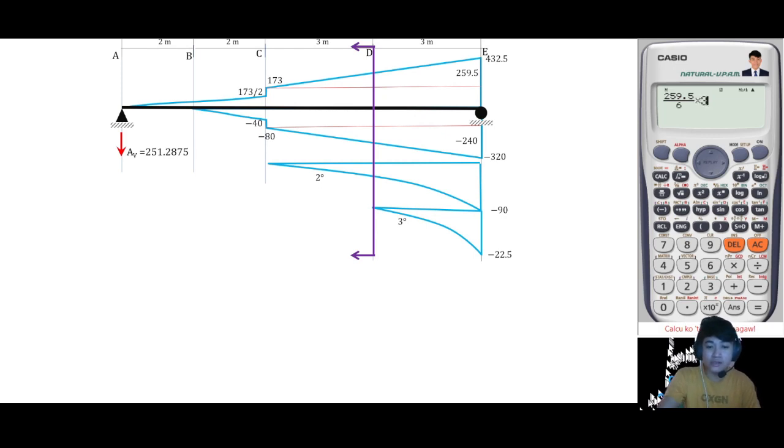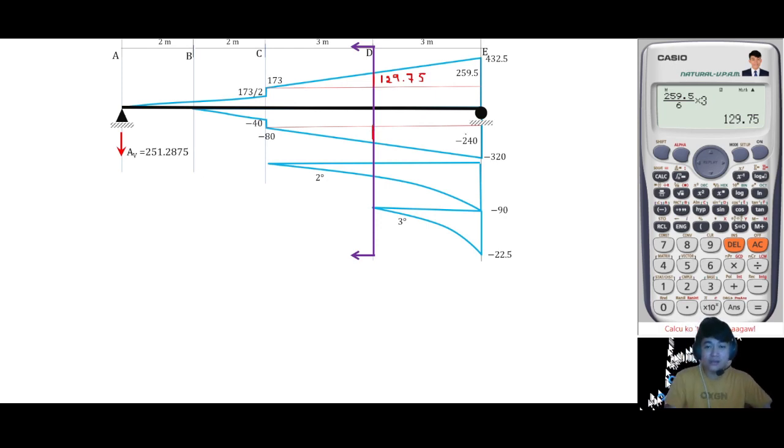Therefore, the magnitude of this one is 129.75.